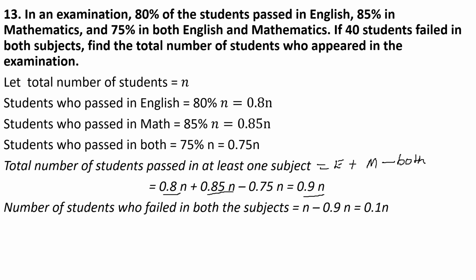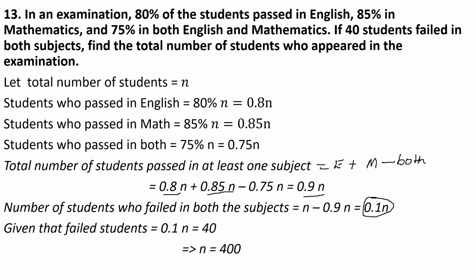So 0.1n is equal to 40. That implies n is equal to 40 divided by 0.1, that is equal to 400.